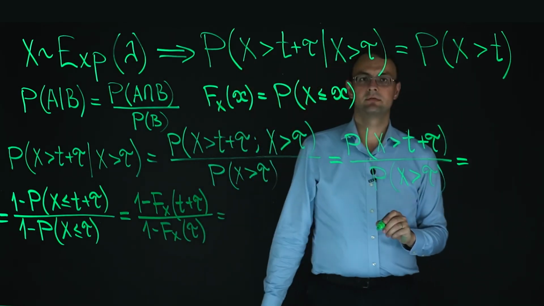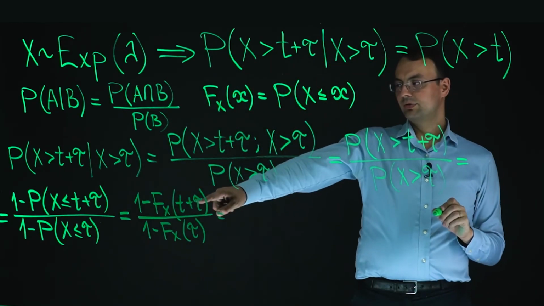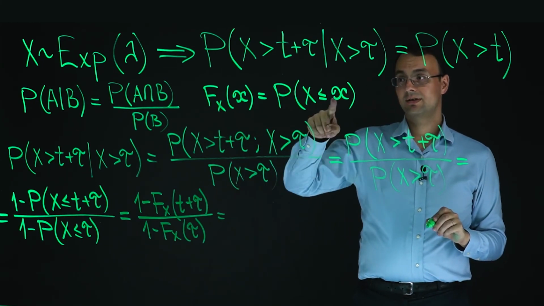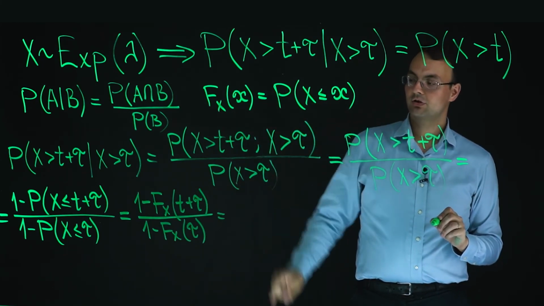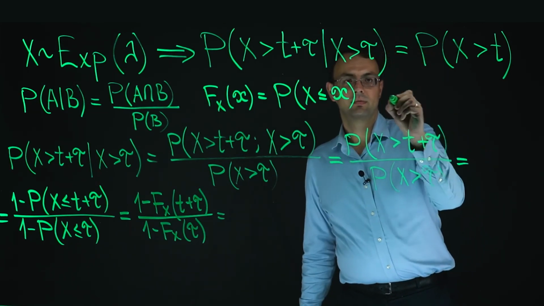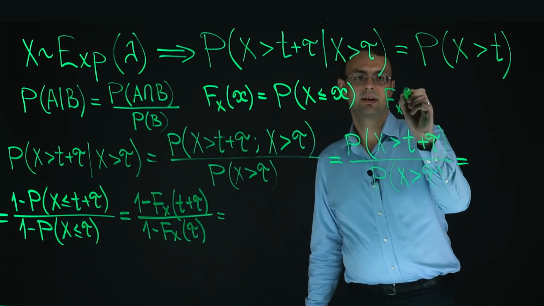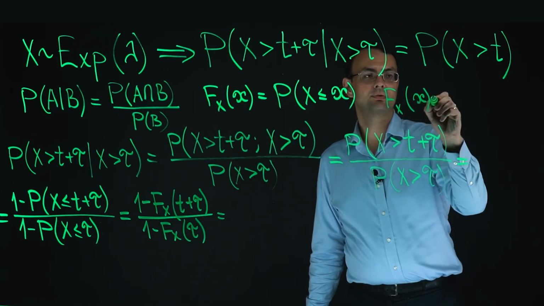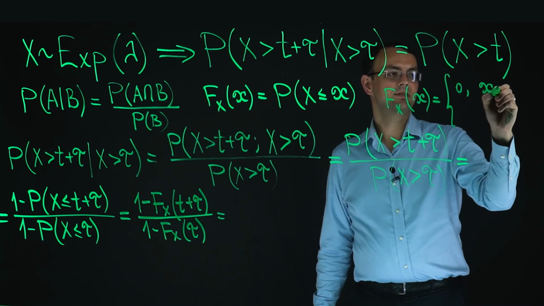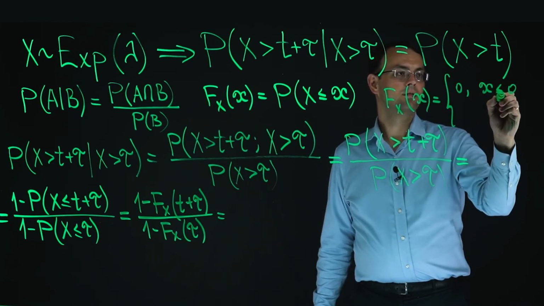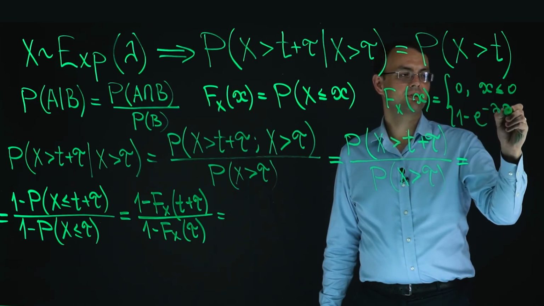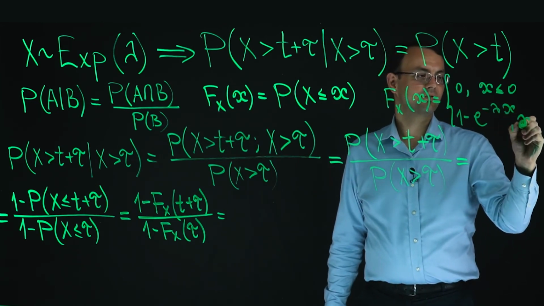And then I should know how the CDF of an exponentially distributed random variable looks like. The CDF in the case of the exponential distribution is 0 for the negative axis and 1 minus e to the power of minus lambda x for the positive axis.